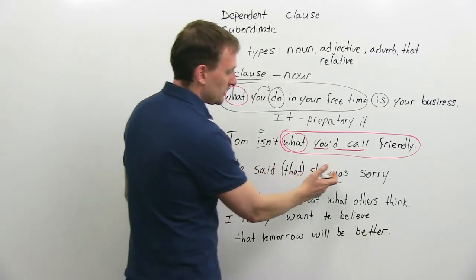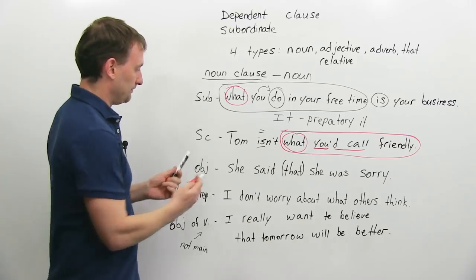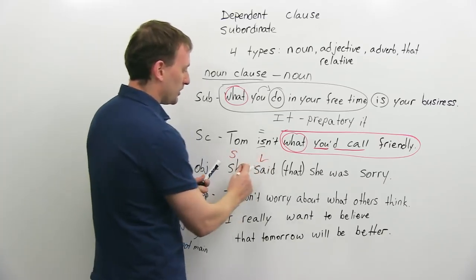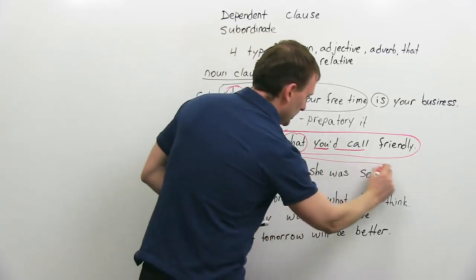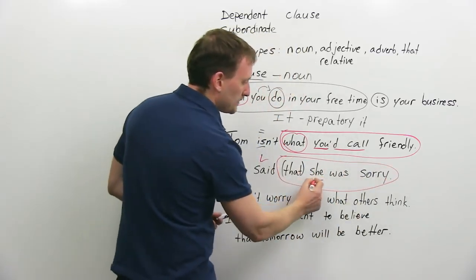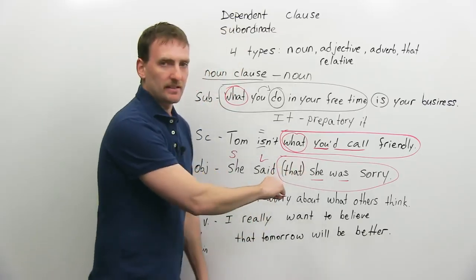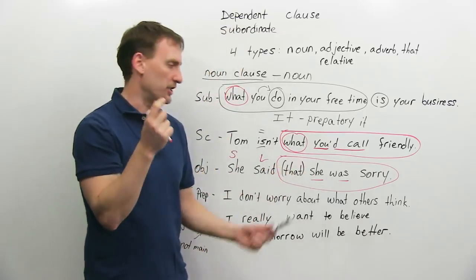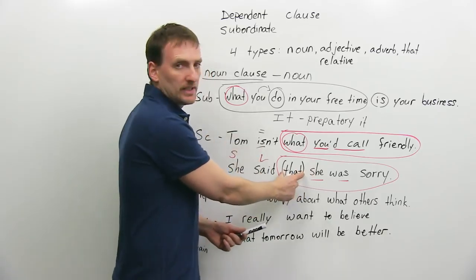She said she was sorry. So what do we have here? We have the subject, we have the verb. She said what? What did she say? That she was sorry. Subject, verb. Okay? I put that in brackets because that is a conjunction that we can often take out. You have the subject here, we don't need this.